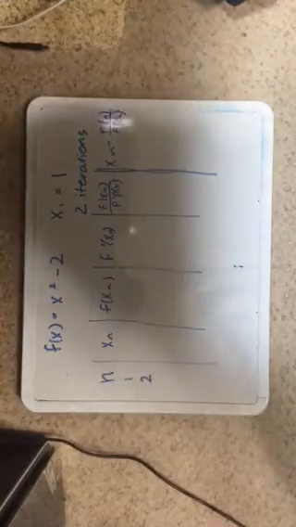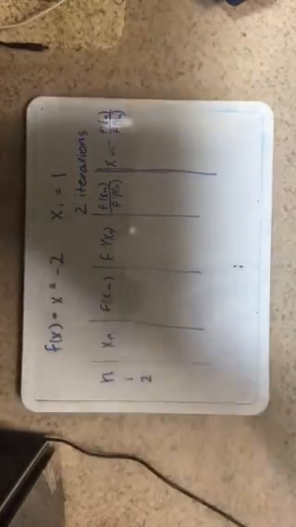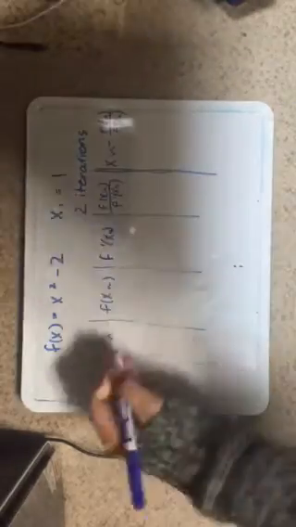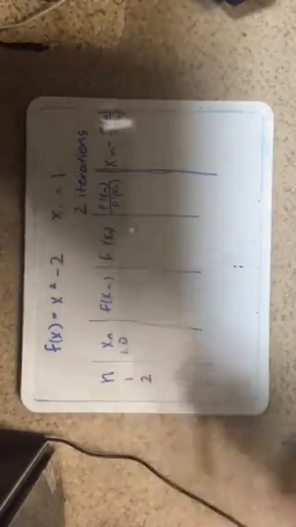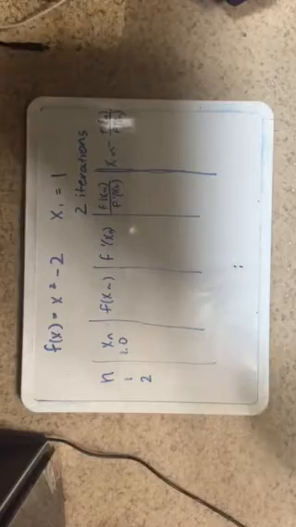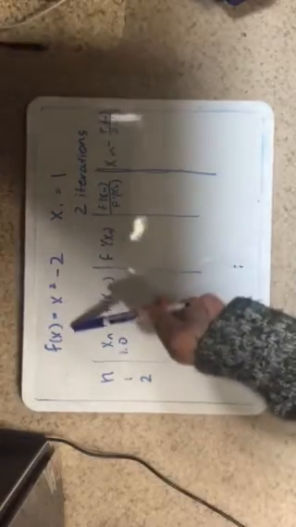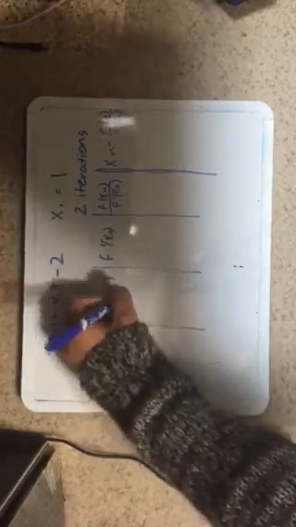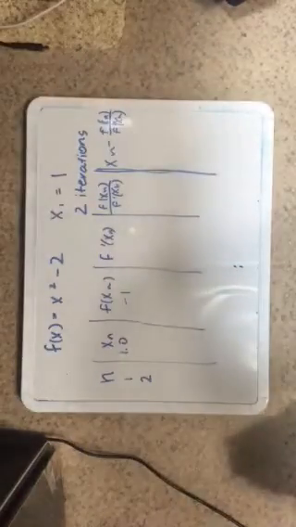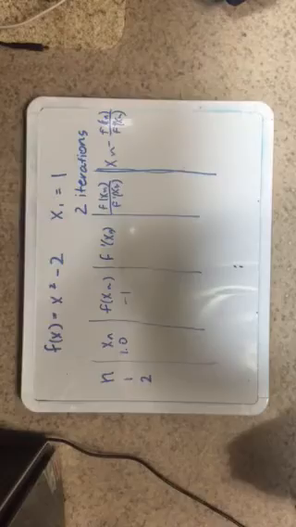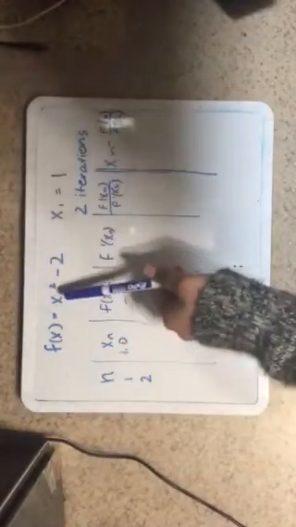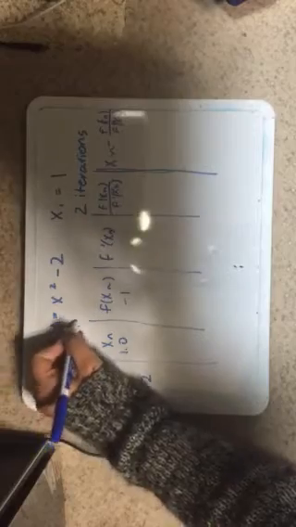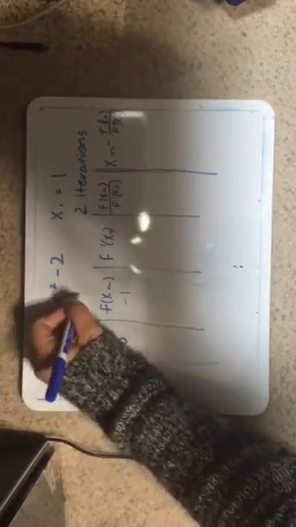Okay, so xn would be 1 because we're starting out with 1, do you remember they gave us 1, so 1.0. And f of xn would be, when you plug in 1 to f of x, you get 1 squared, which is 1, minus 2 is negative 1. And then for f prime of xn, you're going to get the derivative of f of x. So the derivative of f of x is 2x.